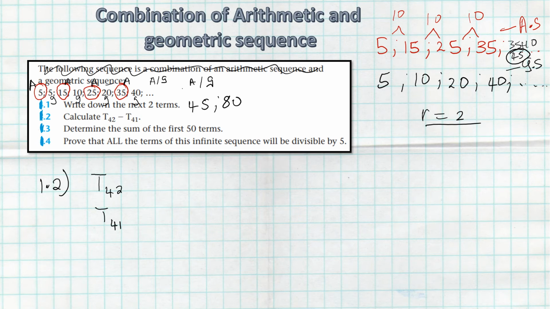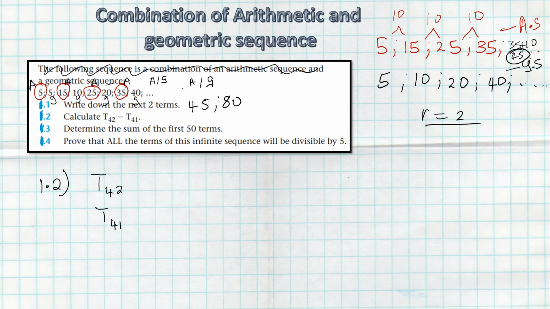We check the positions of our sequences. We check whether the arithmetic sequence is sitting on positions for even numbers or for odd numbers. What do I mean? If it's for even numbers, it must be sitting on positions 2, 4, 6, 8, 10, 12, like that.